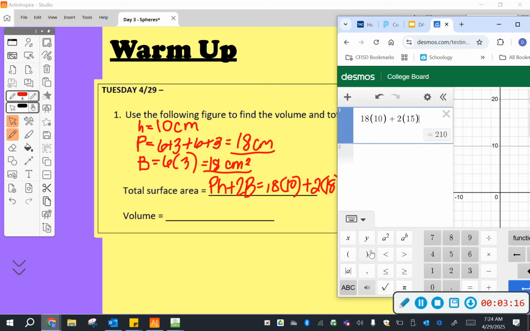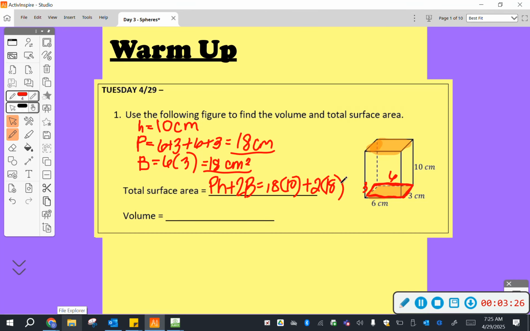It'll always be 2B. It'll always be a 2 in front of that. And what do I get as my answer? 216 is the total surface area. Please write that down.